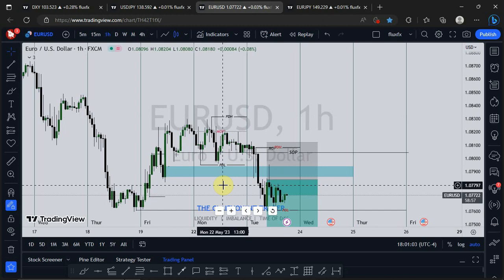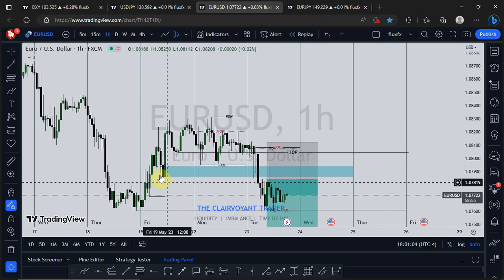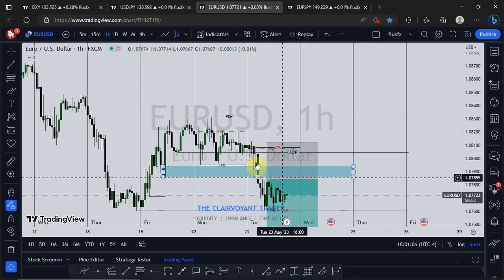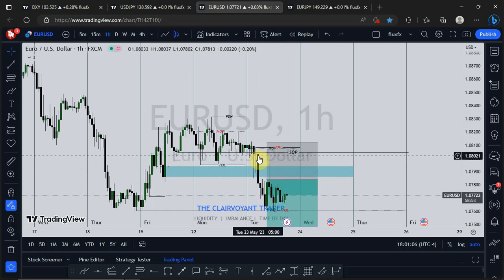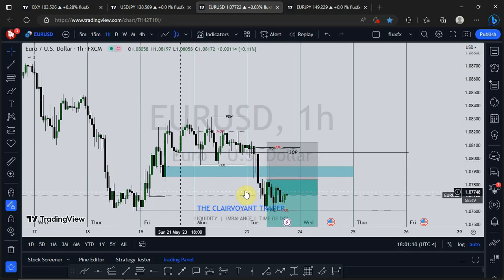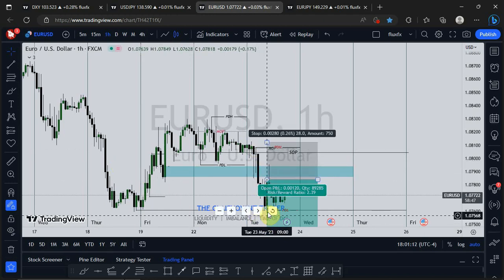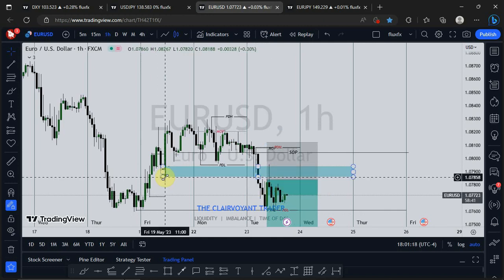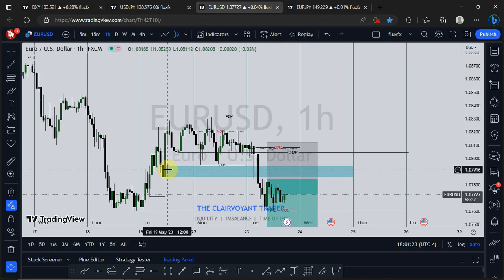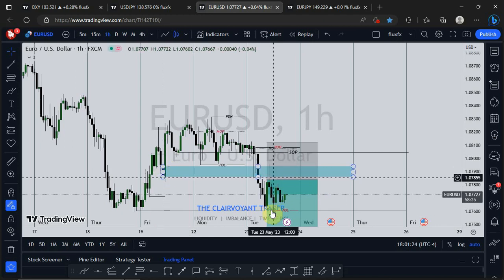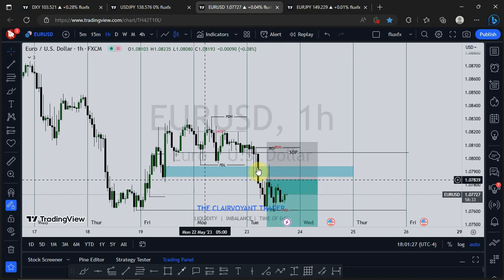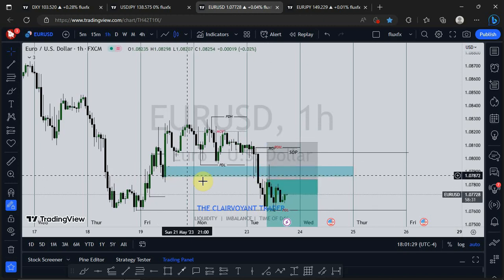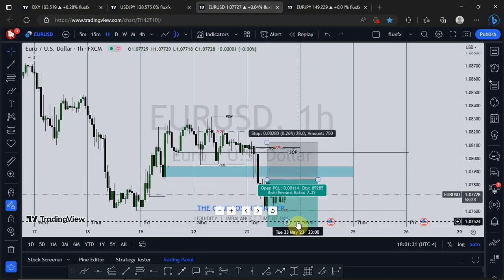So during the New York session, I realized that this order block has been violated. It was violated with speed, and once it was violated, I noticed price retracing back into this order block. I always tell you that whenever an order block is violated, whether bullish or bearish, in this case a bullish order block is violated, price will come back to retest that order block, and then we see a continuation to the downside.